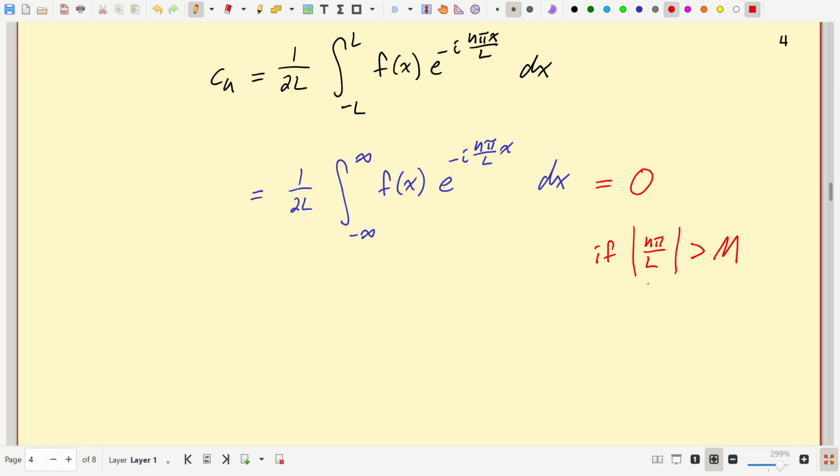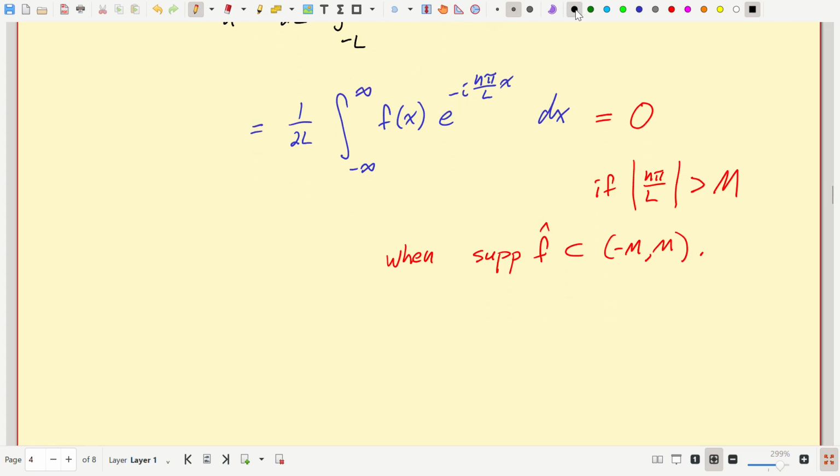Where the support of f hat is assumed to be in minus m to m. Or I should say when. So the exact same argument works.